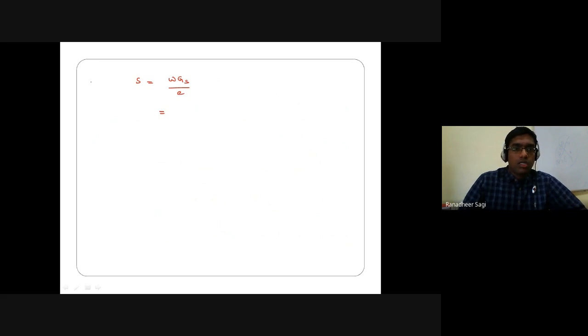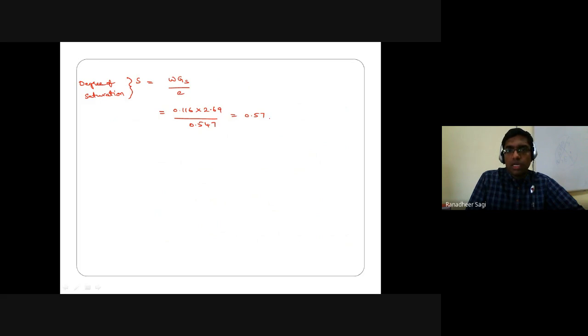S indicates degree of saturation. w is 0.116, the specific gravity of the soil solids is 2.69, and the void ratio is 0.547. Upon substituting, we get the degree of saturation as 0.57, or in terms of percentage, 57%.